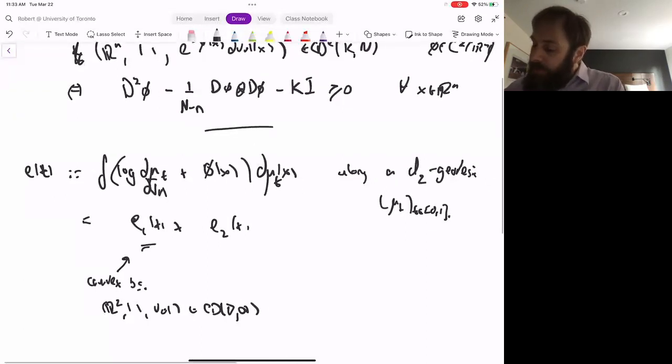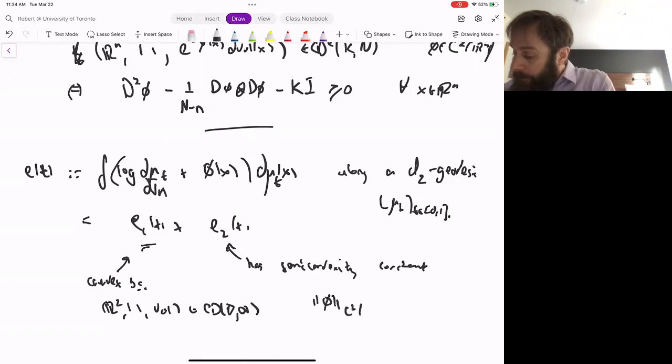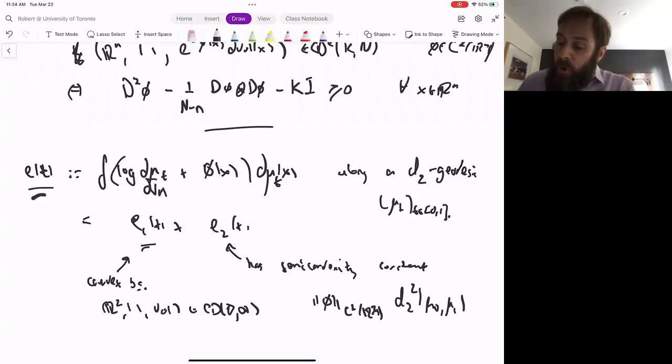And we maybe wanted to improve this to CD 0,N for finite N. And we also know that this is semi-convex. It's easy to find the semi-convexity constant. It's something like the C2 norm of phi on R^n times the length squared of the geodesic from mu0 to mu1. And so I a priori know that this thing is semi-convex as a function of t.